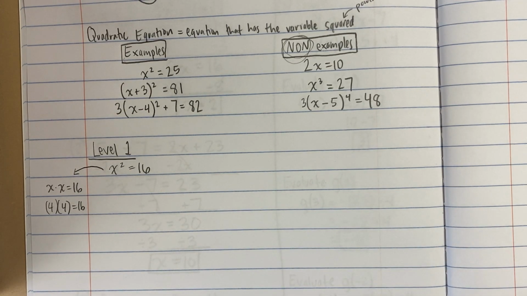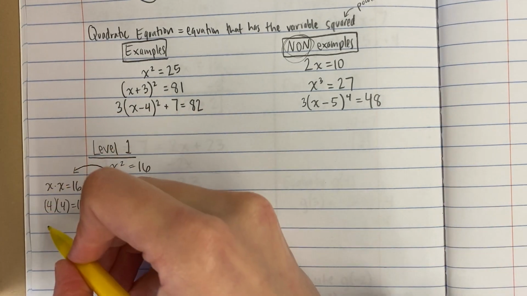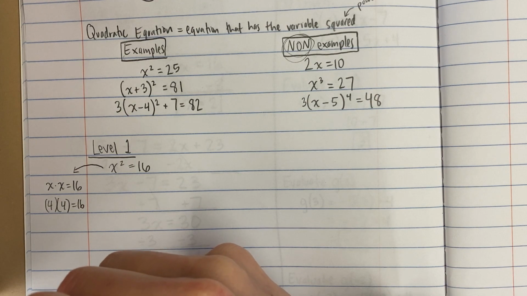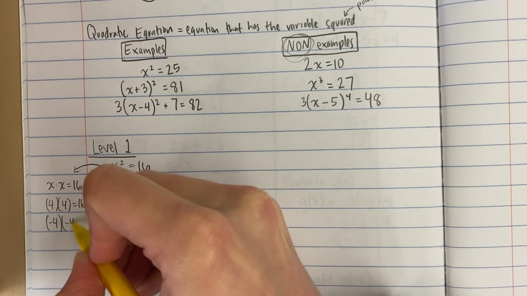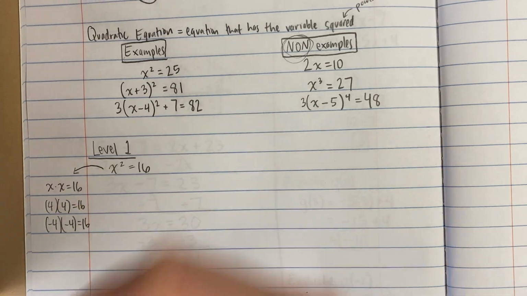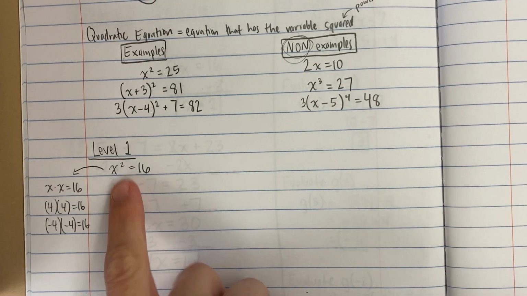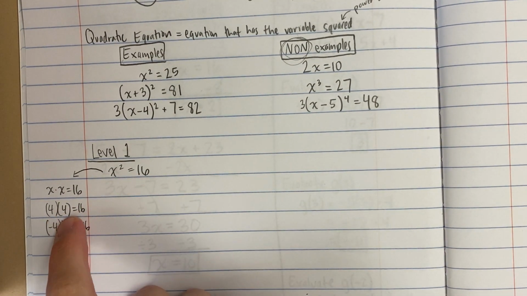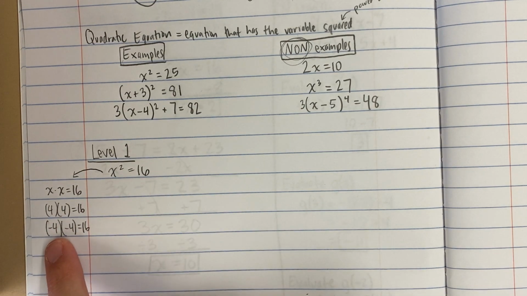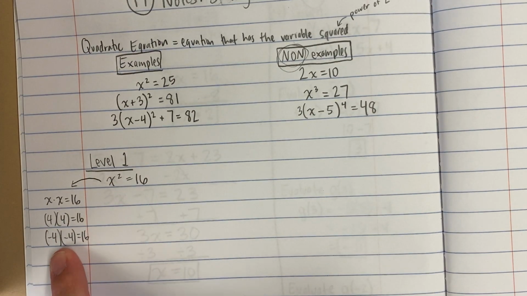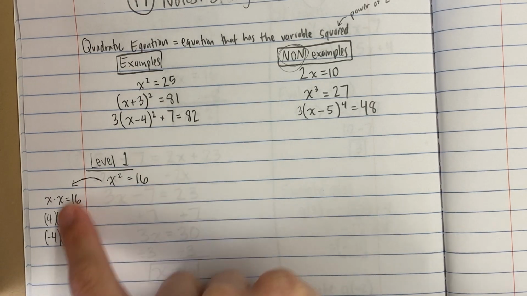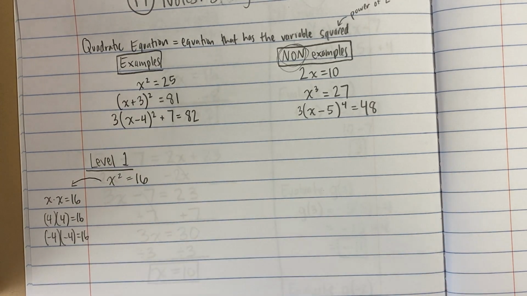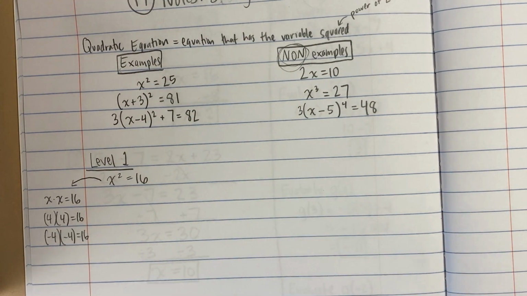And here's the thing, there's another possibility. Negative 4 times negative 4 also equals 16. So x could be equal to 4, because 4 times 4, 4 squared, is 16. Or x could be equal to negative 4, because negative 4 times negative 4, negative 4 squared, also equals 16. So you can come up with the answer just by thinking it through: it's 4 and negative 4, and those are the correct answers.